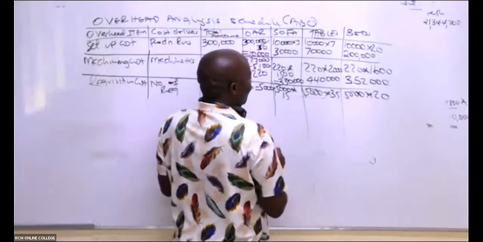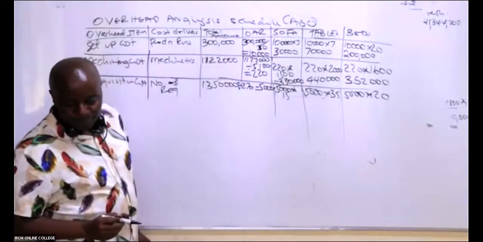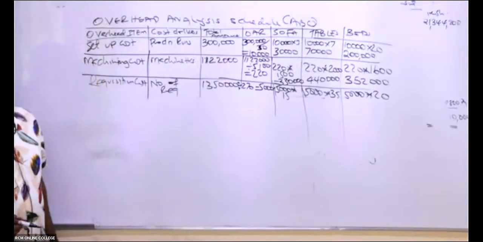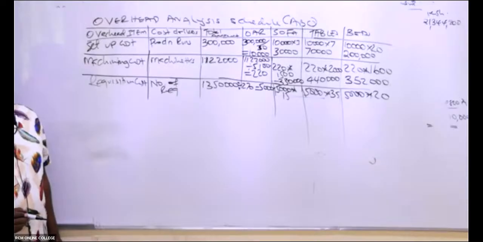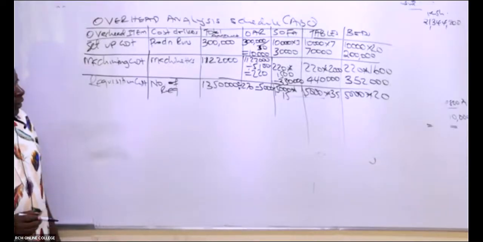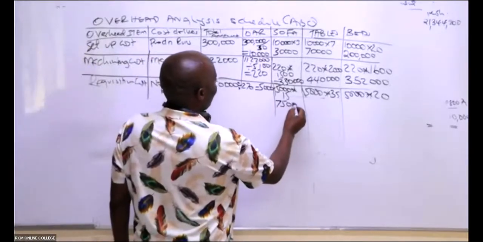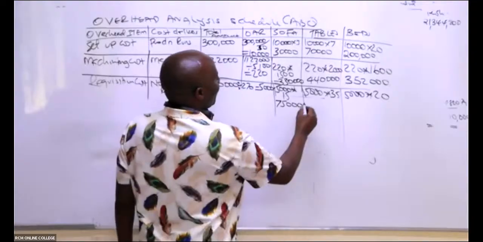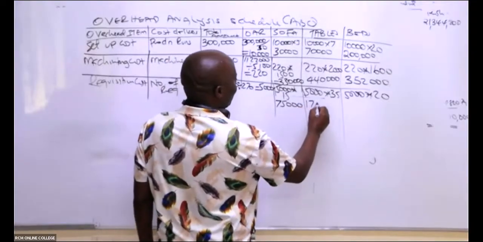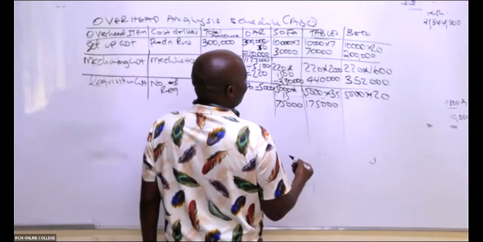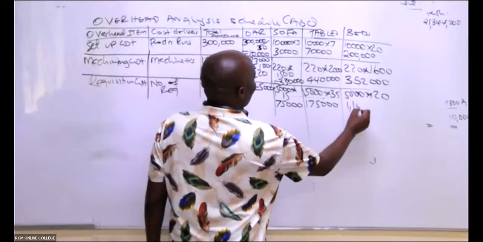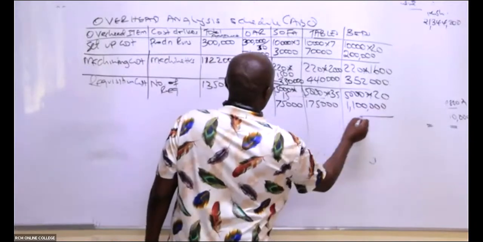Online ninjas, give me these values very fast. The first one I'm being told is 75,000. 175,000. Lastly, a million, right? Thank you so much.